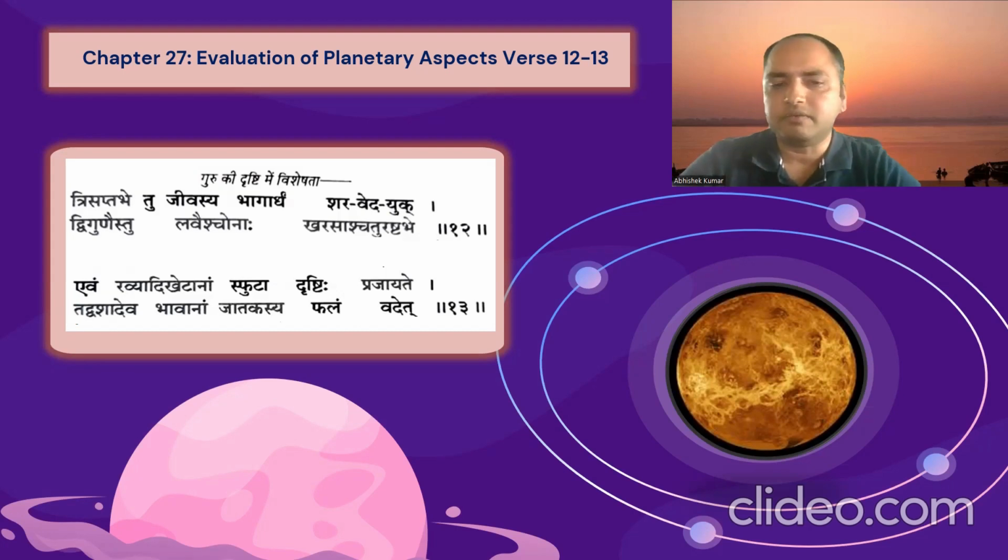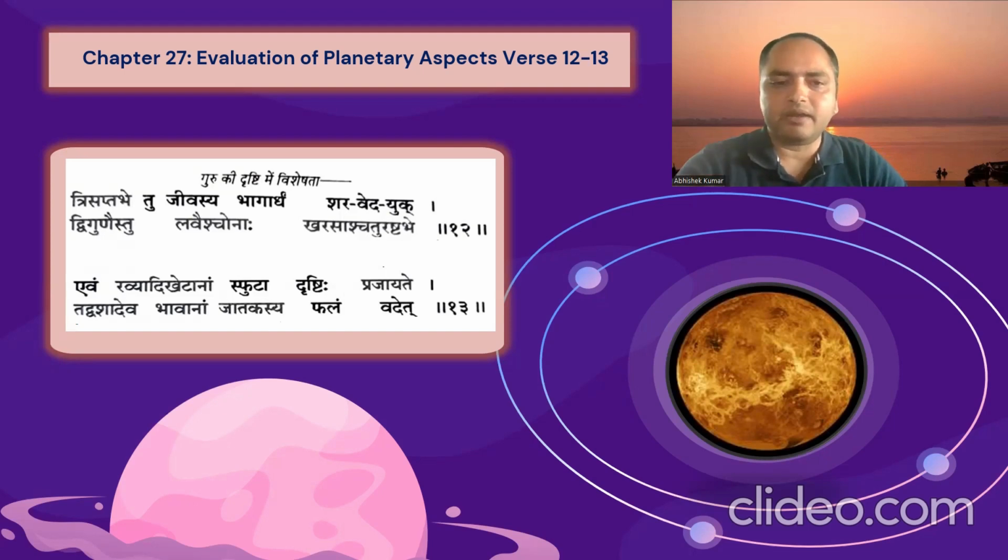That is the direction for Maitreya, for any seeker of this great divine science, for any Daivagya. Maharshi is saying, in this way, you have to find the aspectual value of the planets, Ravi Adi Ketanam. So all the seven planets he is talking about, not the shadow ones, the nodes Rahu and Ketu.